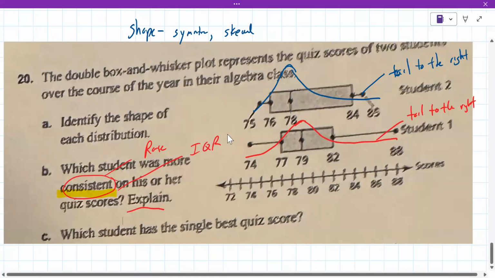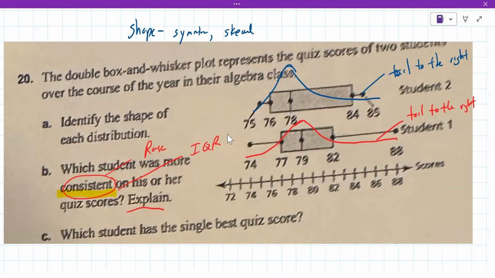You have to know the criteria you're using to make that decision. All right, so who had the highest score? Student one. Yes. That's where you're basically just saying, who's got the max? There's no arguing that.